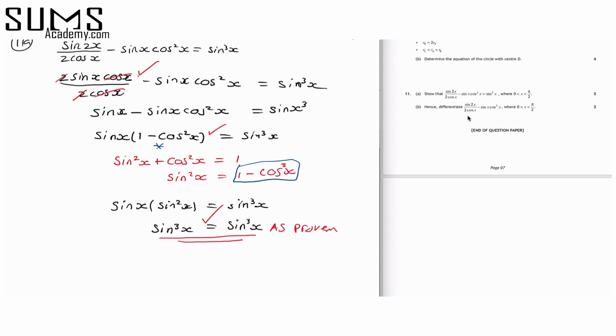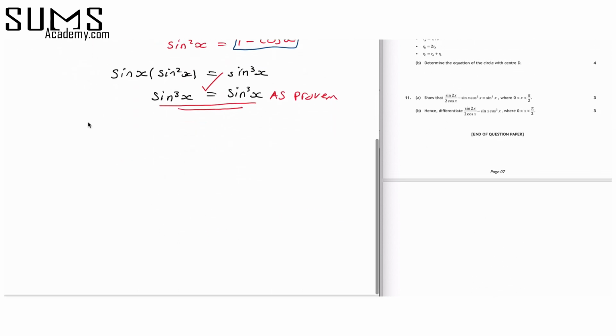Okay, part B. Part B is not even too bad either. Hence differentiate sin 2x over 2 cos x minus sin x cos squared x. So that sounds like, oh, how am I going to differentiate this? Well, from the previous question, we know that, well, we could write it all out, sin 2x over 2 cos x minus sin x cos squared x.